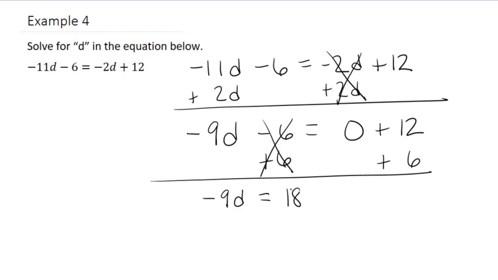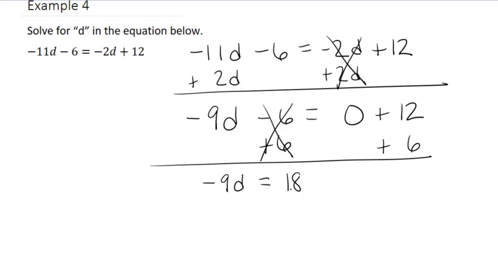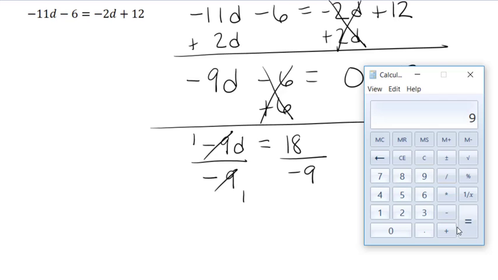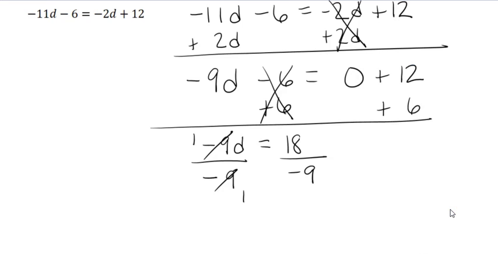So now we can divide, and we're going to divide by negative 9 on both sides. This just gets us to d on the left-hand side. 18 divided by negative 9 is equal to negative 2, as we have one negative sign and one positive sign. So we're going to keep the negative sign as our final answer.